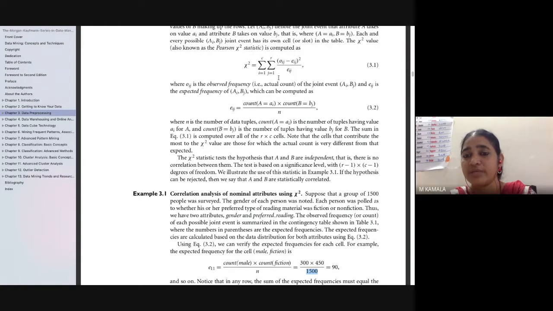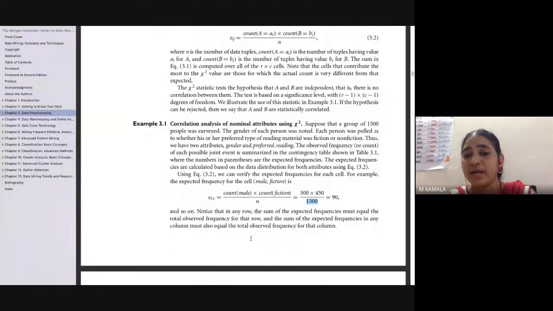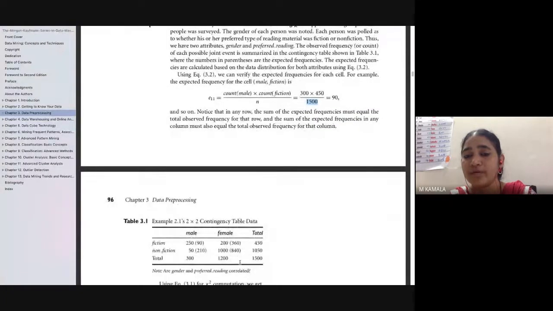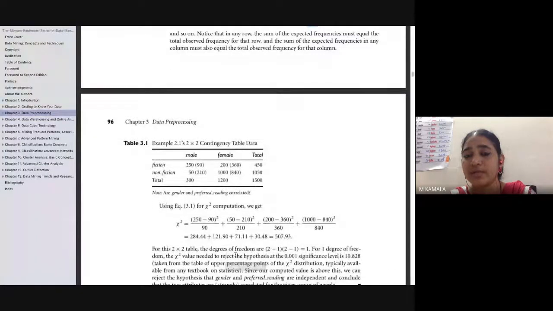Each and every component of your matrix table, you are trying to do that. So 250 minus 90, squared, by 90, plus this part, because this is the row wise. Initially we are taking any of these because we are summing all of this. You can go 200 minus 360, squared, by 360, you can get that also.